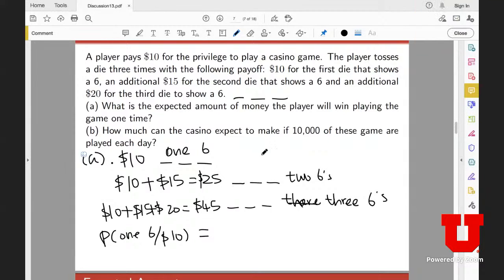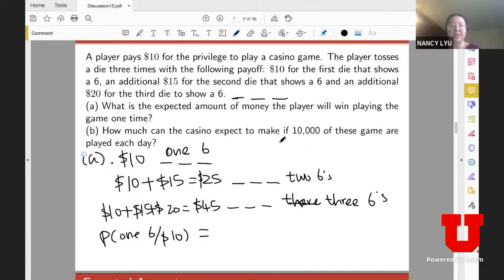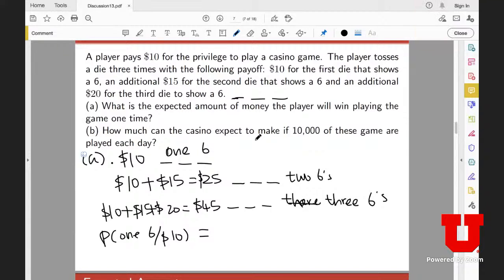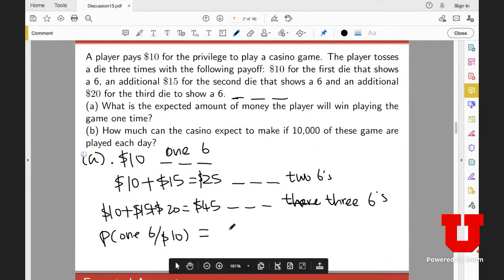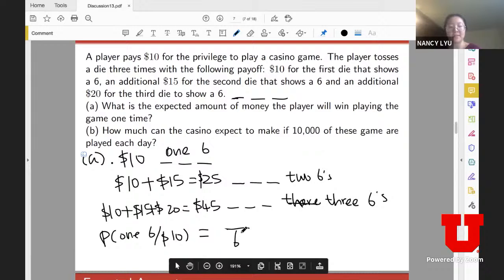The player is going to toss the die 3 times, so basically we have three spots to place one 6. There are 6 times 6 times 6 options in the sample space, right? The sample space is 6 cubed.